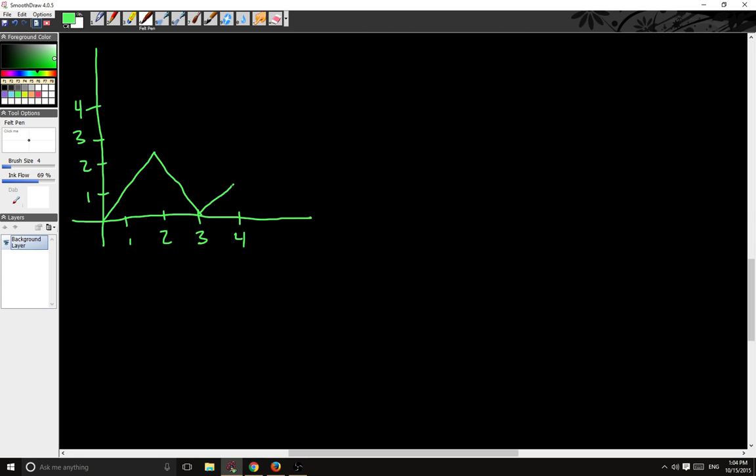It looks something like that. Let's pick out some key points on this graph. We have (0, 0), (1, 1), (2, 2), (3, 0), and (4, 1).